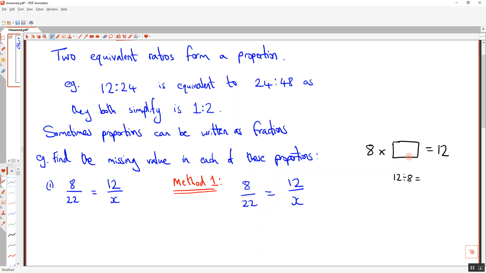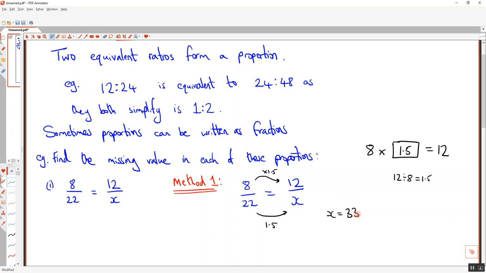This is method 1, okay, and you get 1.5. So 8 multiplied by 1.5 gives me 12. So 22 multiplied by 1.5, that's going to tell me what my value of x is. What does that give me?